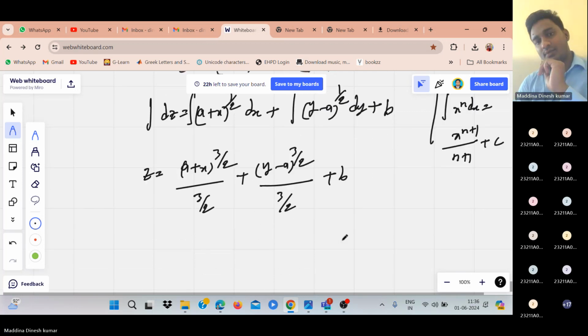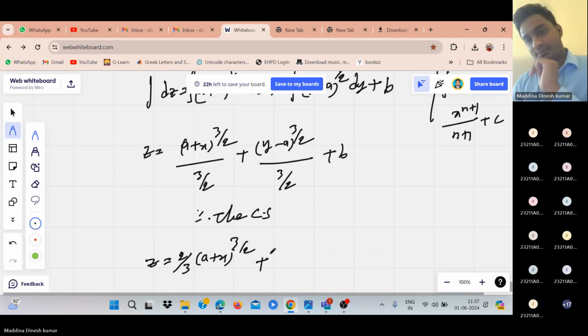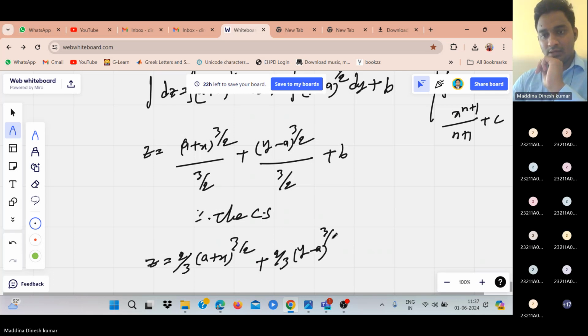Therefore, the complete solution is z equal to 2 by 3 a plus x whole power 3 by 2 plus 2 by 3 y minus a whole power 3 by 2 plus b. That's it. It is our required solution.